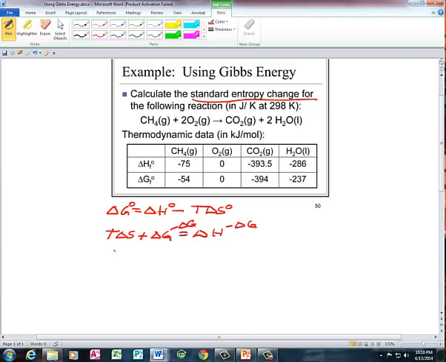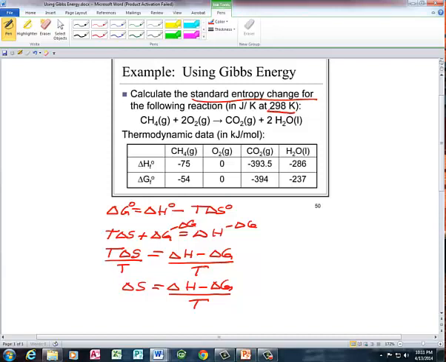What that gives me is T delta S is equal to delta H minus delta G. And then finally, we're going to divide both sides by the temperature, T. What we wind up with is delta S is equal to delta H minus delta G divided by the absolute temperature. So all I need to do is use the tables to determine the delta H for the reaction under standard conditions, the delta G under standard conditions, and I know that the reaction is being done at 298 kelvins.